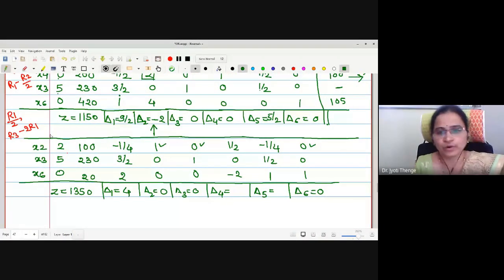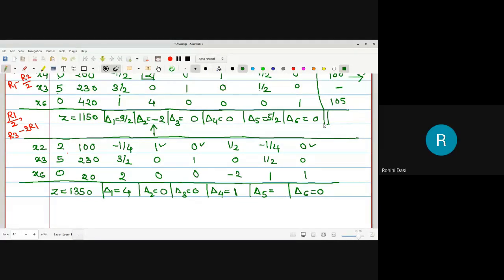Now calculate delta 4. This is 2 into half, which is 1. Then 0 minus 0, therefore this value is 1. Correct? Delta 5: 2 into minus 1 by 4 is minus half, plus 5 by 2, that is 4 by 2, that is 2.